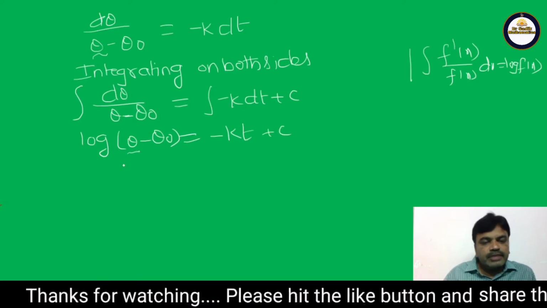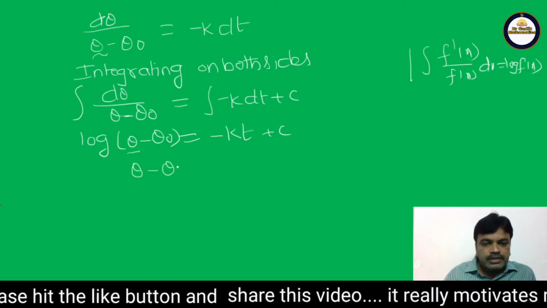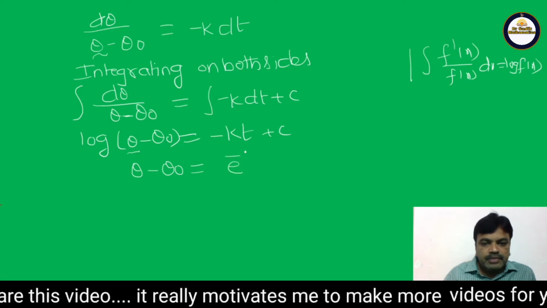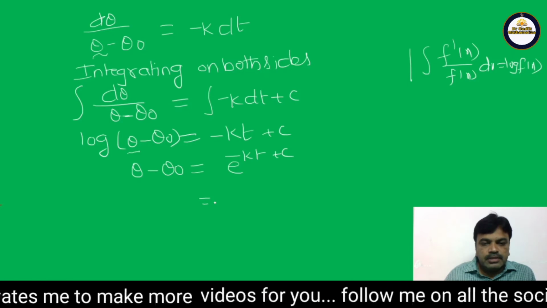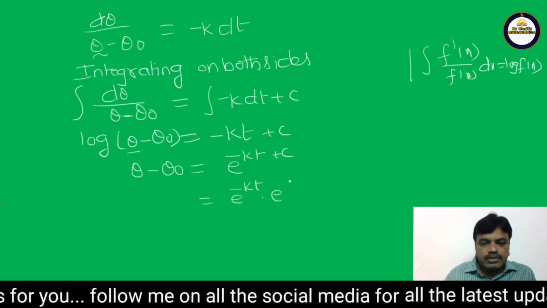We are finding temperature, so θ − θ₀, by basic definition, can be written as e power (−kt + c), which is equal to e power −kt into e power c, friends.